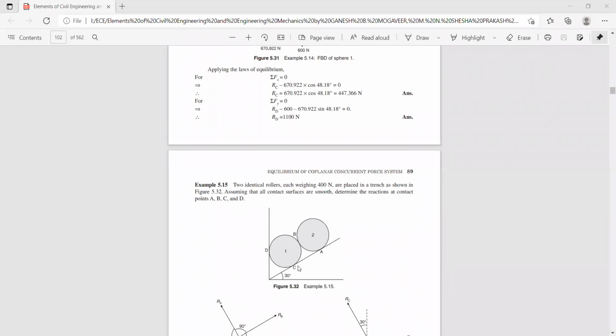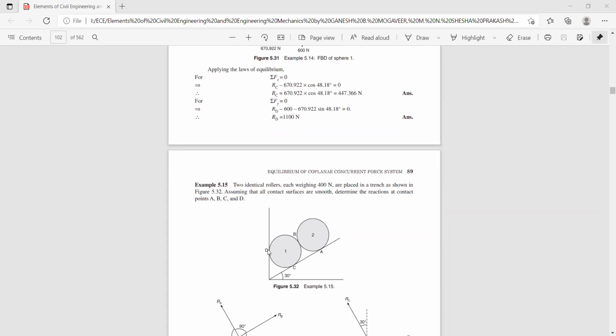So here you have a reaction force RC, and this is RA. This angle is also the same, 30 degree, 60 degree. You have a reaction like this, and you have a reaction from sphere 2 to sphere 1 like this, RB, which is parallel to this inclined plane, and you have a reaction force RD like this.